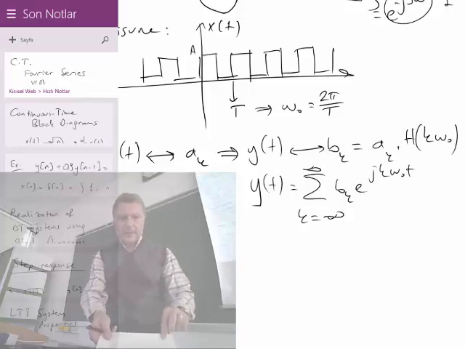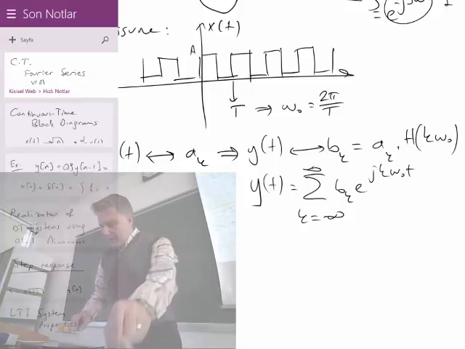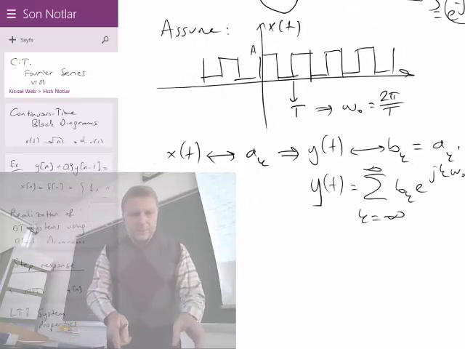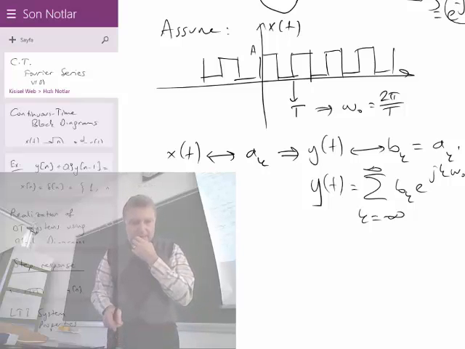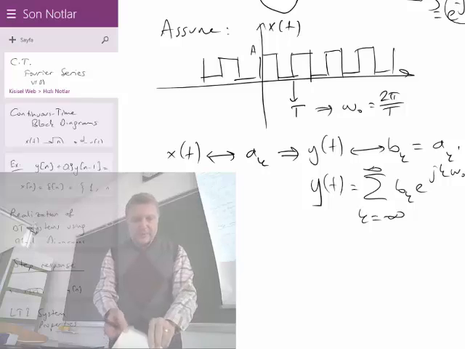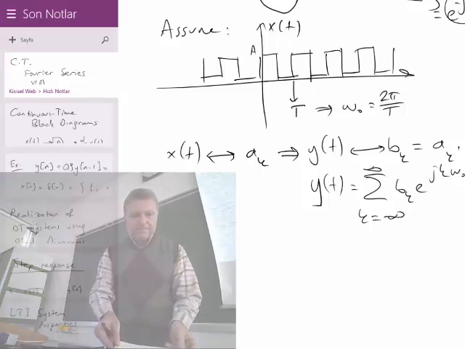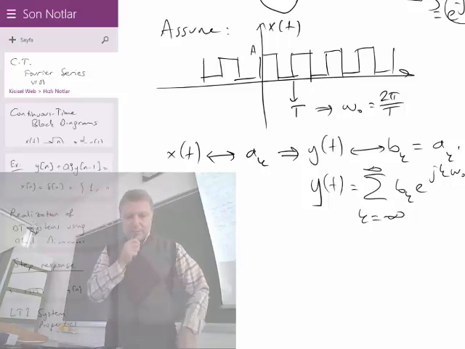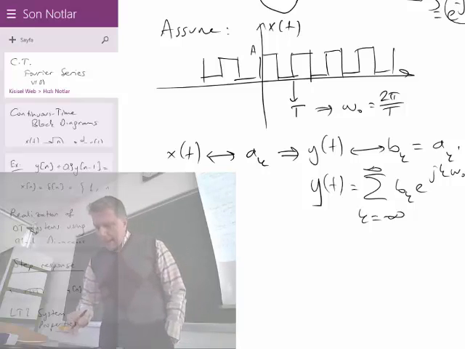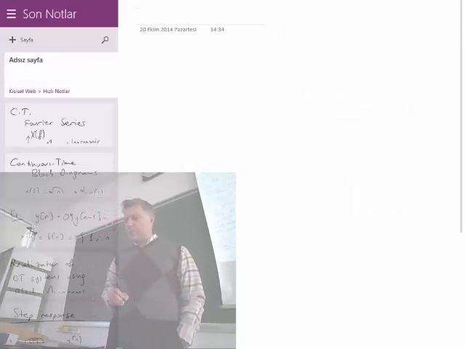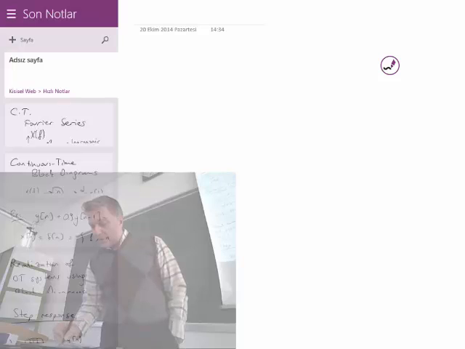Okay. Now let's try to find the formula for determining the Fourier series coefficients, AKs. I have to open a new page. So this is the representation.